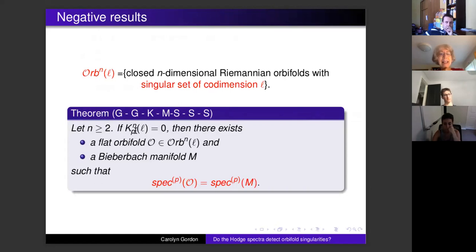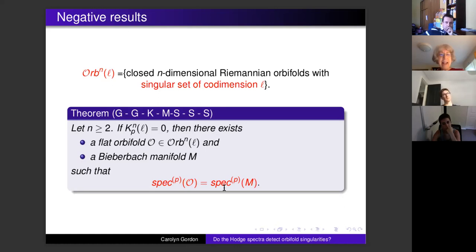The answer, if n is greater than or equal to 2, and if you take any p for which the p-th Krawtchouk polynomial of degree n vanishes at L, is no: there's a flat orbifold with singular set of codimension L and a Bieberbach manifold, so a smooth manifold, that are p-isospectral.